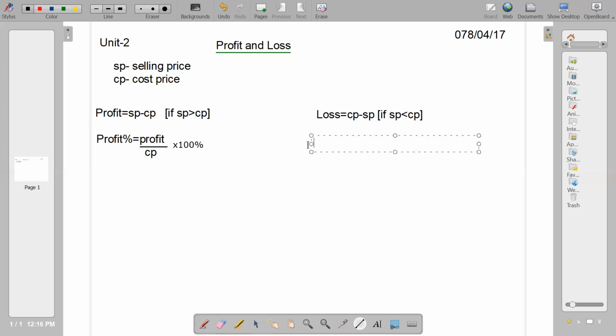Similarly, for loss percent, loss by CP into 100% can be used. Loss by CP into 100%.